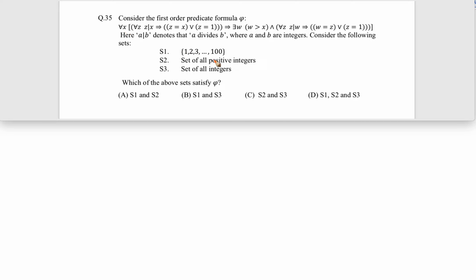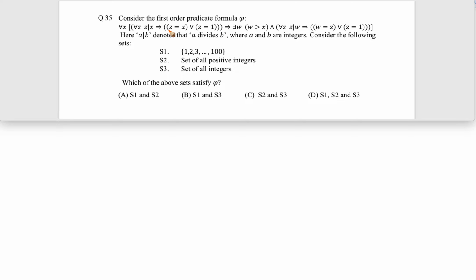For all x, for every element we are checking that for all z, if z divides x, so anything which divides x, then it implies only one thing: either z is equal to x or z is equal to 1.